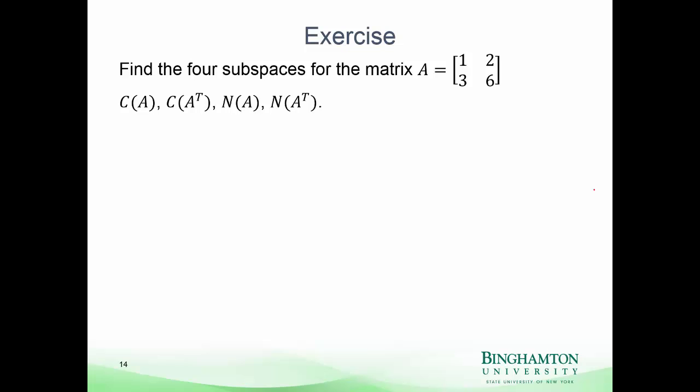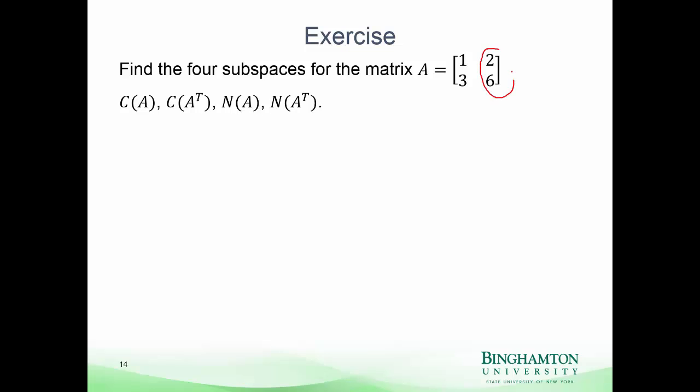So here's an exercise to finish this set of notes off. Well, actually, I think there's a little bit of concepts after this, but here's a 2x2 matrix. Let's take a look at it. We've got 1 and 3, 2 and 6. By now you should be able to start visualizing this and pick out, aha, I see, rank 1, right?